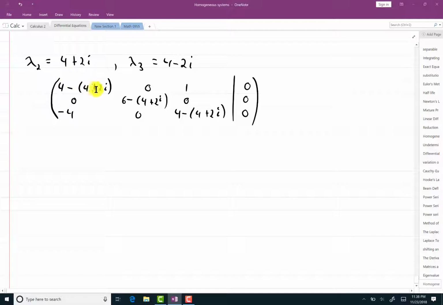So let's see what happens here. I get negative 2i, 0, 1, 0, and then I'll get 2 minus 2i, 0, and then finally I'll get 0, 0, negative 2i.